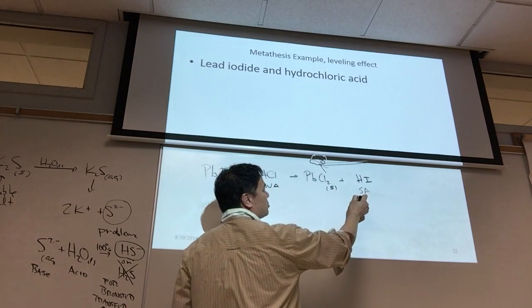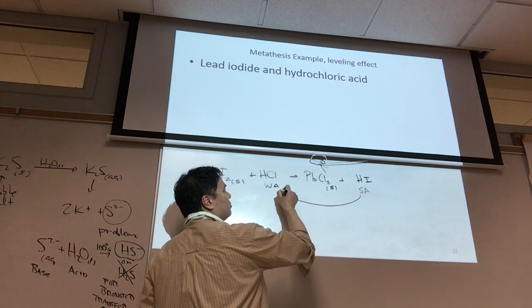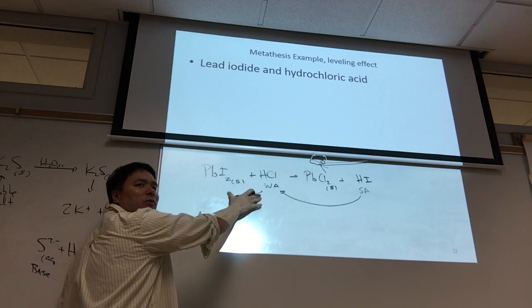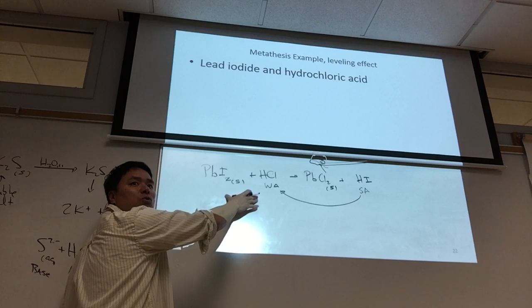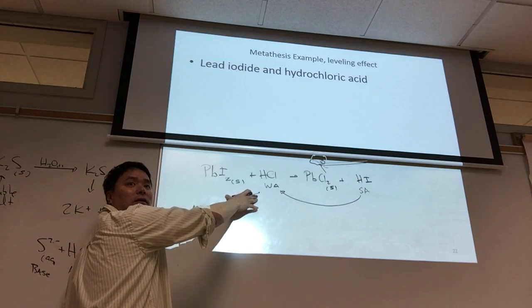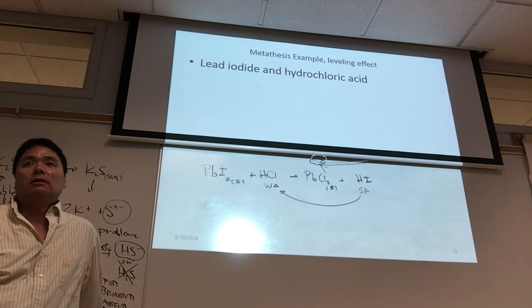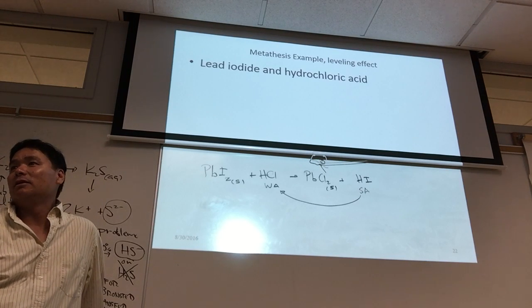And we'd like to go from stronger, which is less stable, to weaker. So that means this is the more stable side. If this is the more stable side, then there should be no reaction, right? So are we good? No reaction?